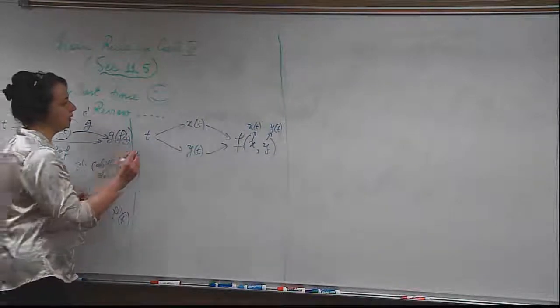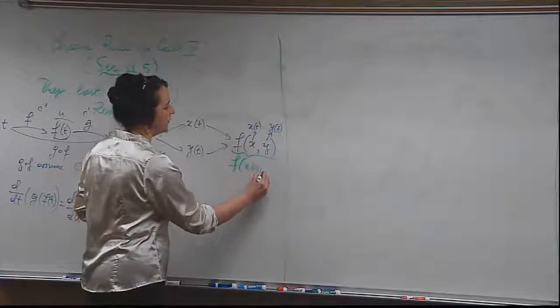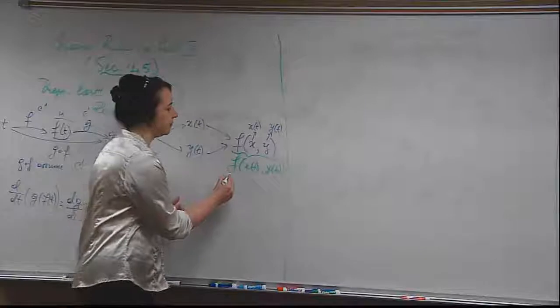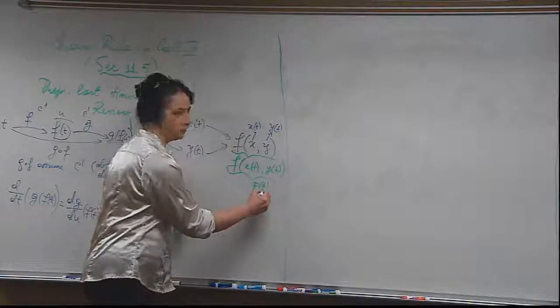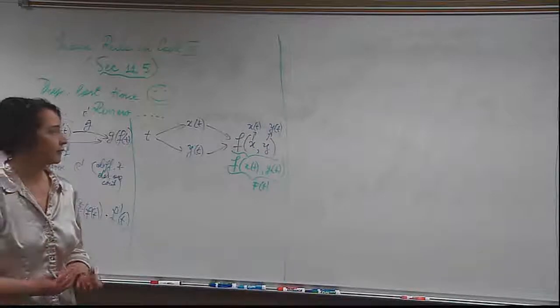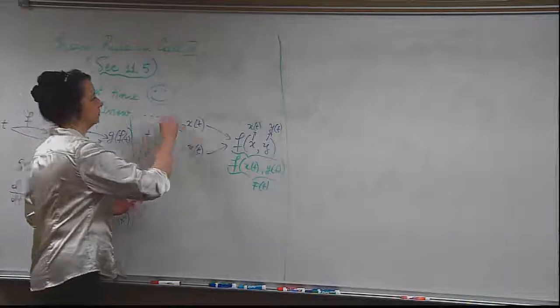So I'll take the function f of x of t, y of t, and when I view it like that, I understand that it's ultimately a big function F of t, right? It's a real valued function of t ultimately as the composition, this big F.